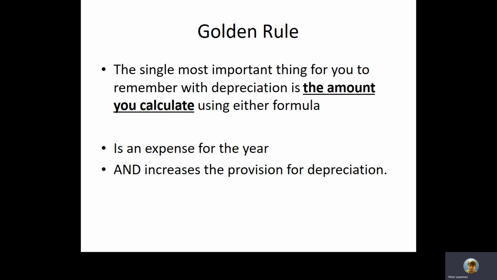So a couple of tips. First tip, the single most important thing for you to remember with depreciation is that the amount you calculate using either formula is an expense for the year. So that amount on your calculator is an expense for the year. And don't forget to do the double entry and increase the provision for depreciation.